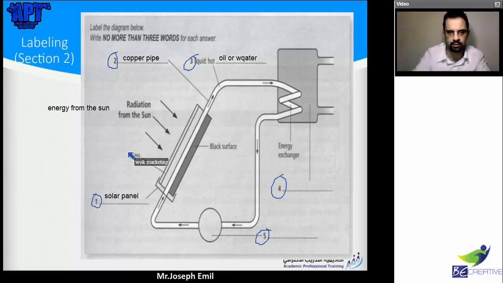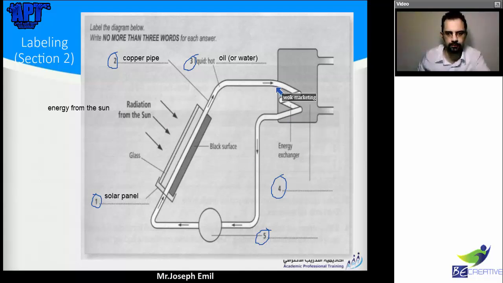But just in case, just write oil because she said usually oil is used. So you can use both answers, oil or water. Of course, these are 1, 2, 3 words, so not a problem at all.